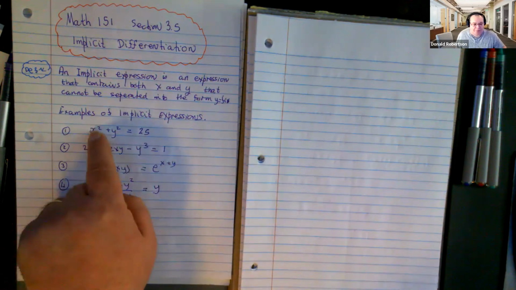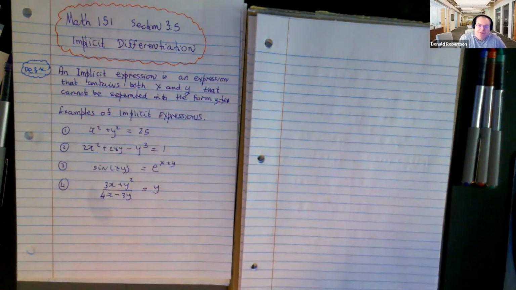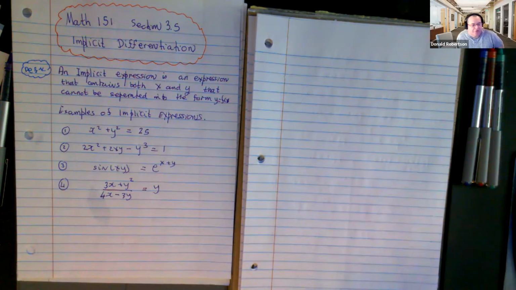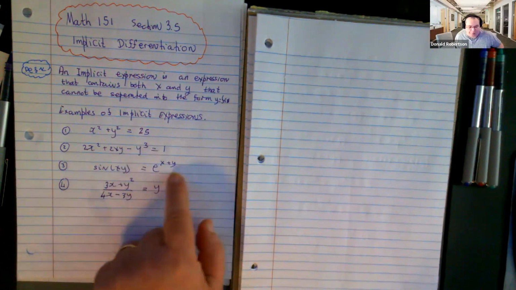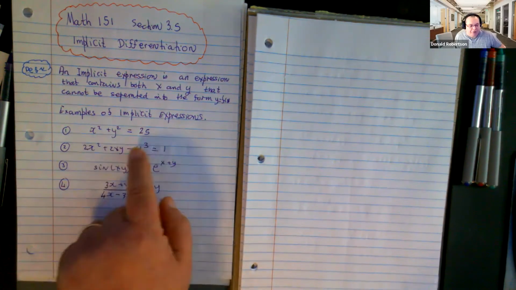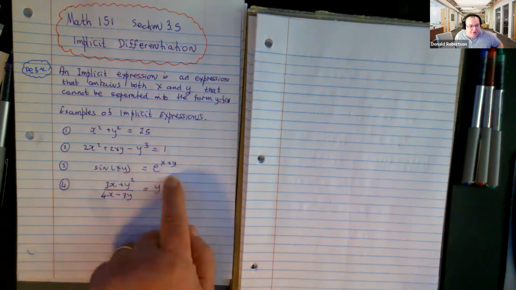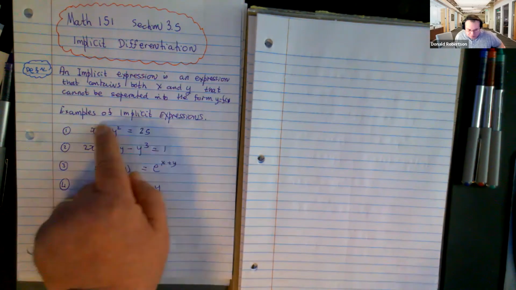These are called implicit expressions, sometimes called implicit curves. What makes them different from a normal function is that they're not written as y equals a function of x. You see the x's and y's are all jumbled up. So it's pretty obvious when you see an implicit expression, it's all jumbled up.